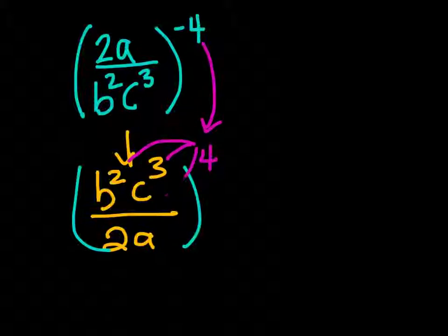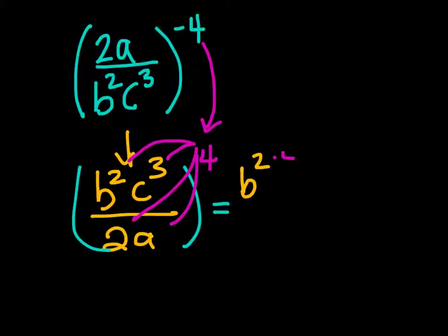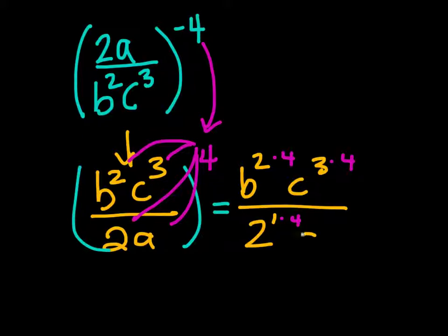Distributive property to every single one of those base numbers. And so now we have b squared times 4, and then c cubed times 4 over 2 to the first power times 4, and a to the first power times 4.